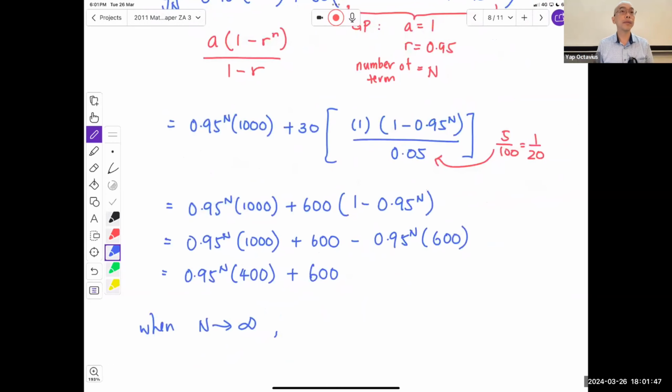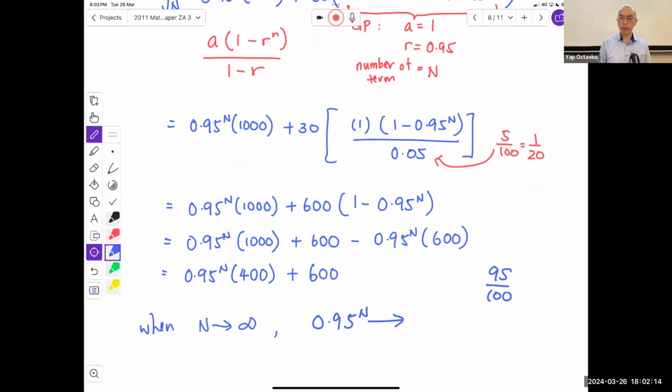Yn will approach what? First of all, when n approaches infinity, this value 95 over 100 goes to where? It's less than 1.